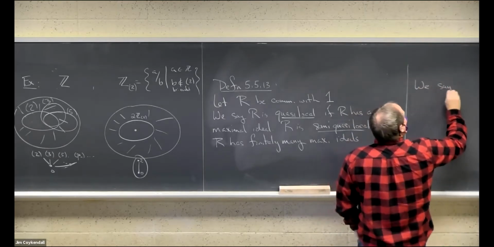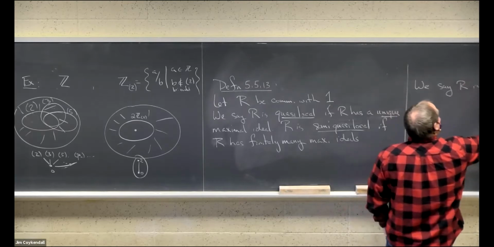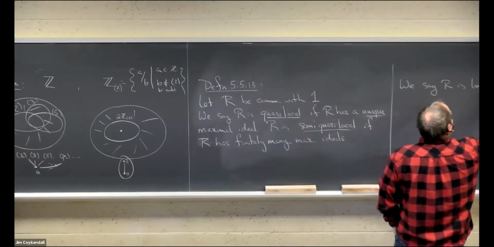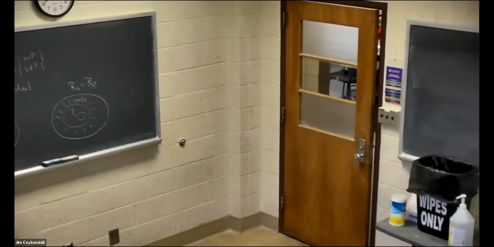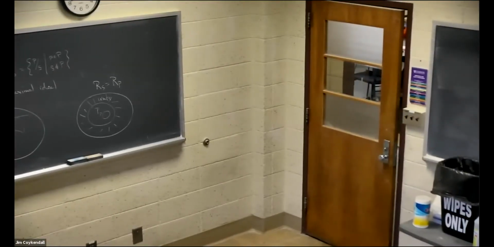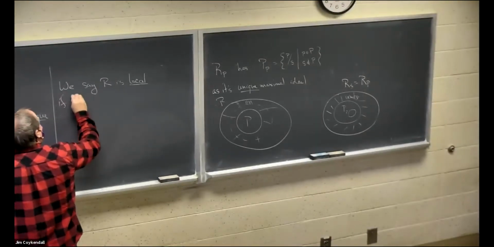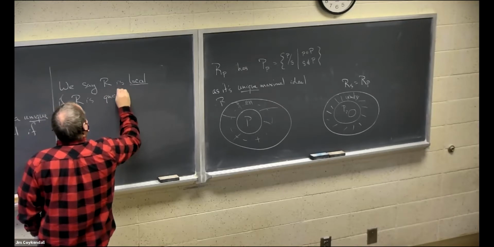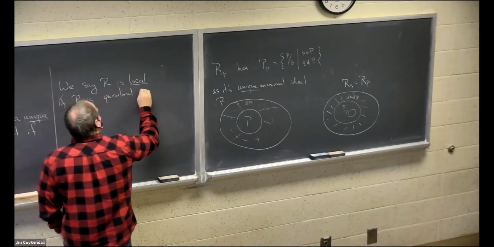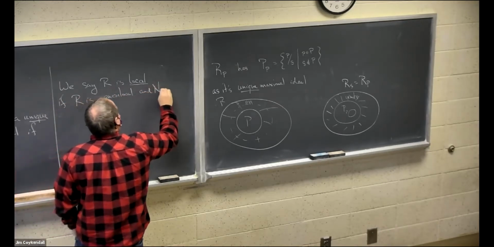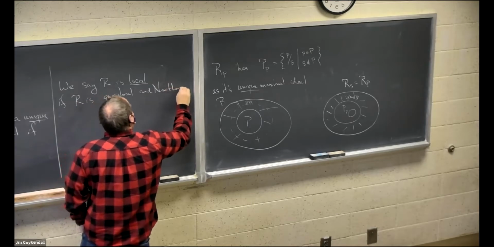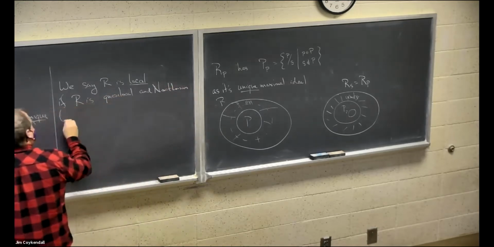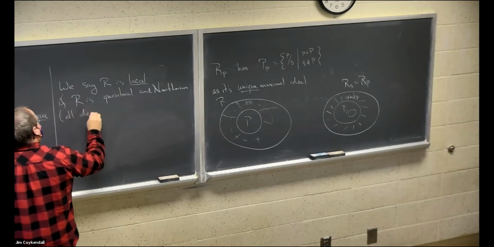We say R is local if R is quasi-local, and some of you may have heard this more familiar terminology, like a local ring.